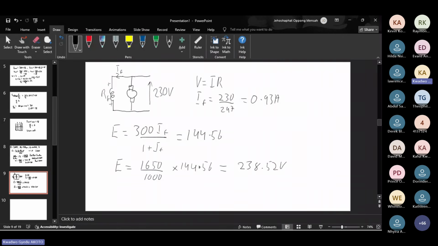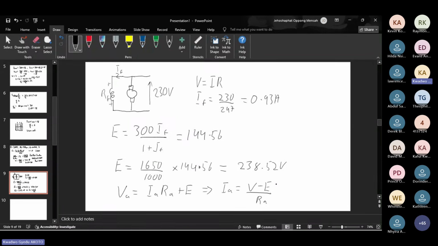Right. So we'll just bring that back into our equation where we know that for a shunt, we have V equal to IA RA plus E, right? So if that be the case, making IA the subject, we have V minus E all over RA, which was given in the question. We still have the same terminal voltage, of course.